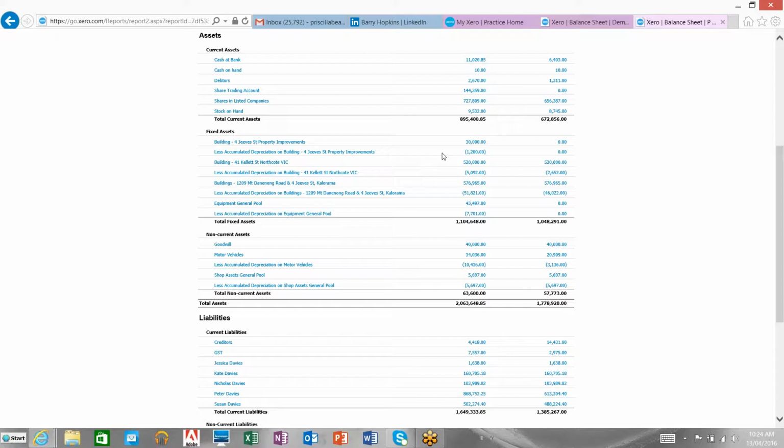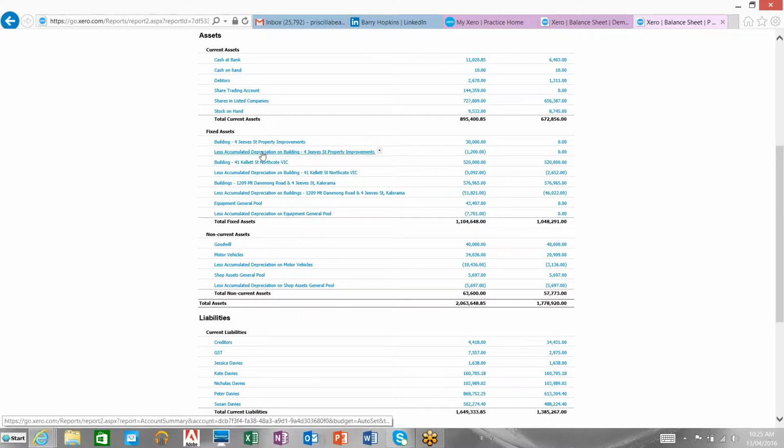Now, we can depreciate buildings and we can depreciate fittings, fixtures, and whatever belongs to the buildings, which we're going to learn about later. But this particular business has a few properties.